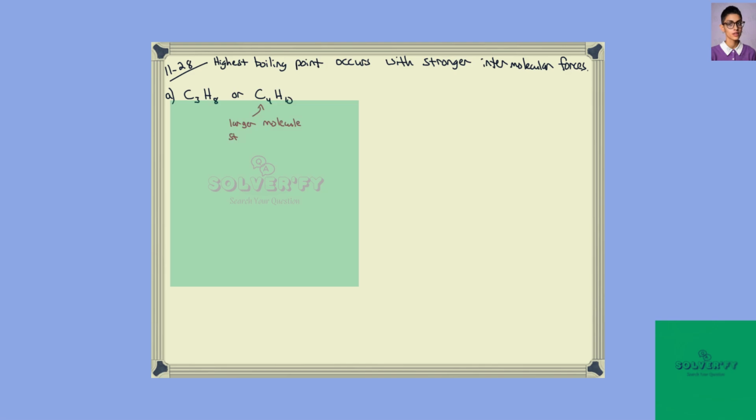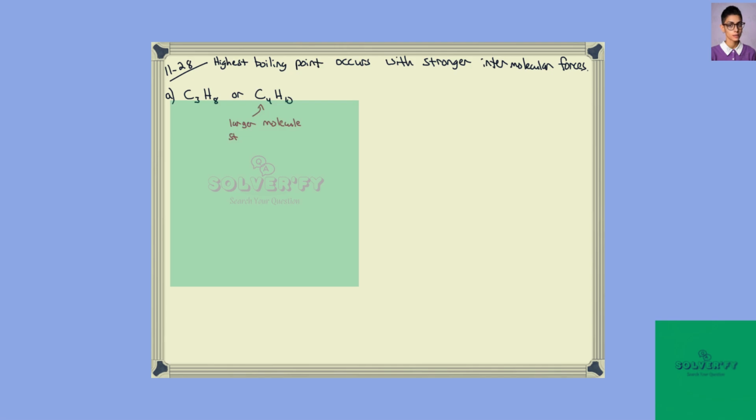The first set of two that is provided is propane and butane. Carbon and hydrogen have very similar electronegativity values, so we typically think of a hydrocarbon, and these both being hydrocarbons, as being nonpolar, and the intermolecular forces that predominate are London dispersion forces.